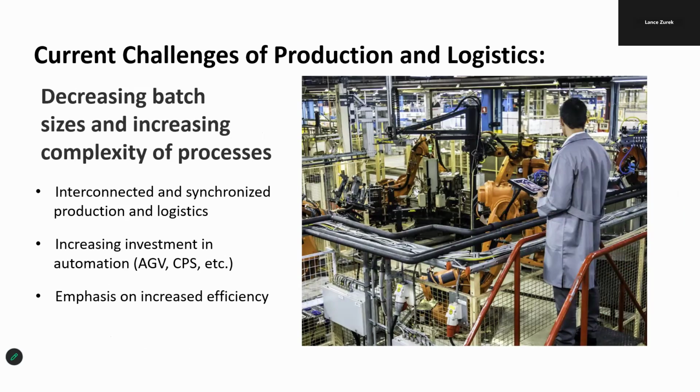So to summarize, industry must now deal with smaller batch sizes during the production process and increasingly complex processes. Now, this requires companies to better synchronize production and logistics, to make investments in cutting-edge automation equipment and processes, and overall, they need to be as efficient as possible.